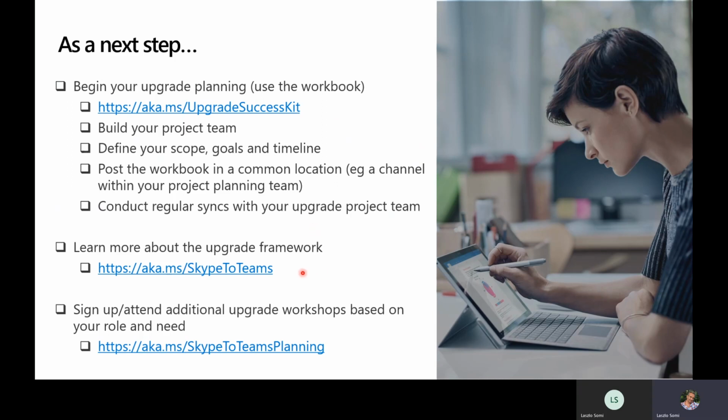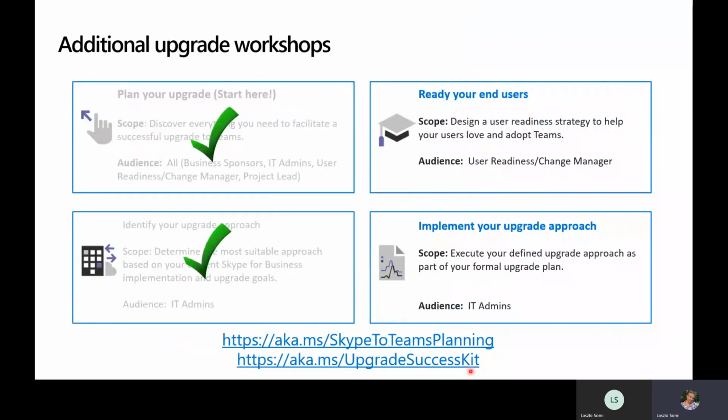All our online documentation is, of course, updated to all these processes we talk about, and we point to the online links on the documentation side from this presentation and from the upgrade planning workbook as well. You can sign up for additional trainings on Skype for Business to Teams planning.